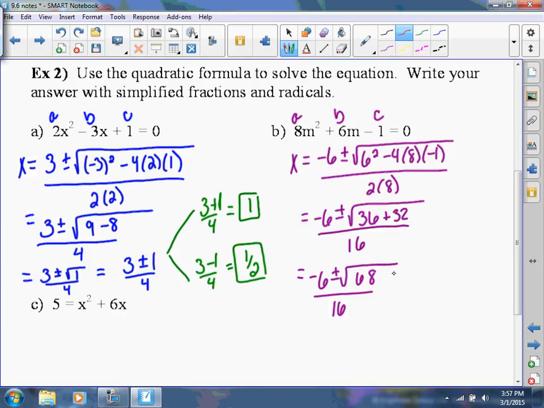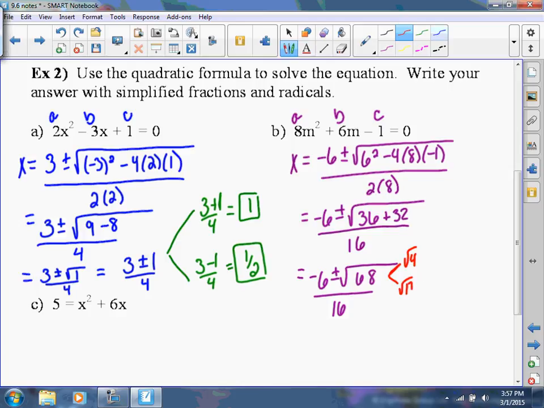So I'm going to rewrite this then, and I'm going to take out the biggest perfect square that'll go into 68. So that number is going to be 4. So that'll be the square root of 4 and the square root of 17. Okay?